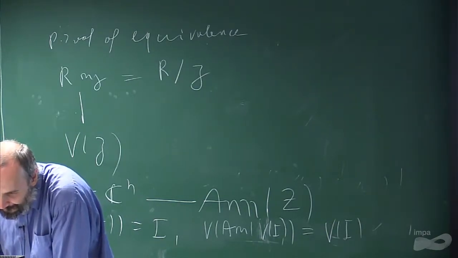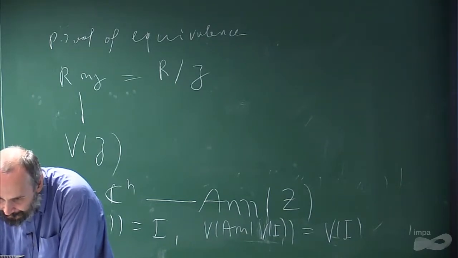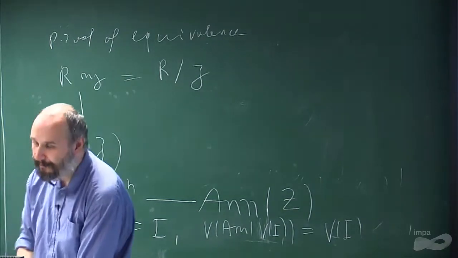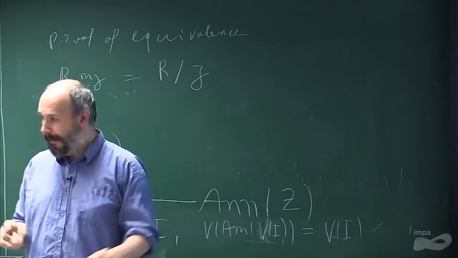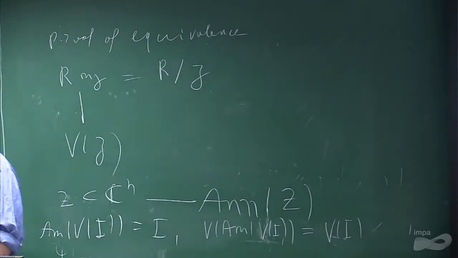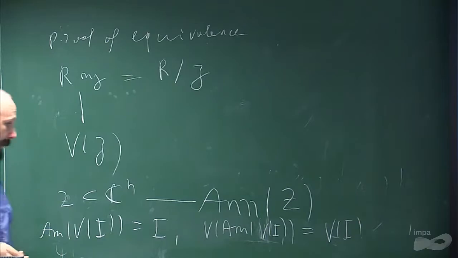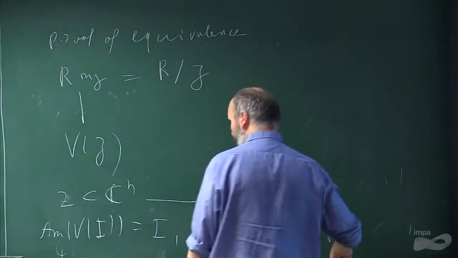Okay. Do you have any questions to what was there? Now the localizations. Who knows about localizations already? Please raise your hand. Well, it's a very basic and very important notion of commutative algebra.